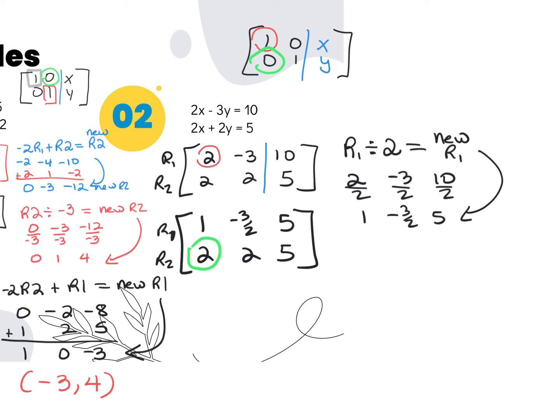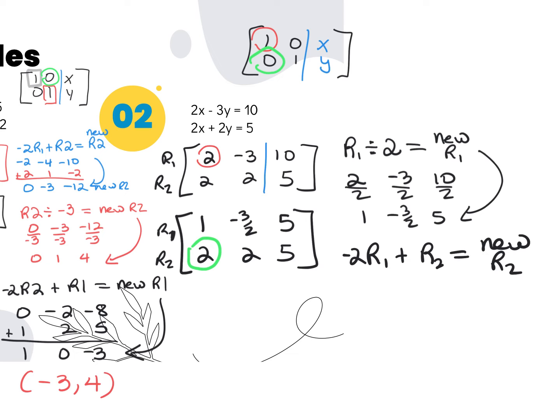So I'm taking row 1, multiplying it by negative 2, and then adding it to row 2 to equal the new row 2. So again, your pivot row, the thing that you're going to be multiplying by, is the row that you just made become a 1.